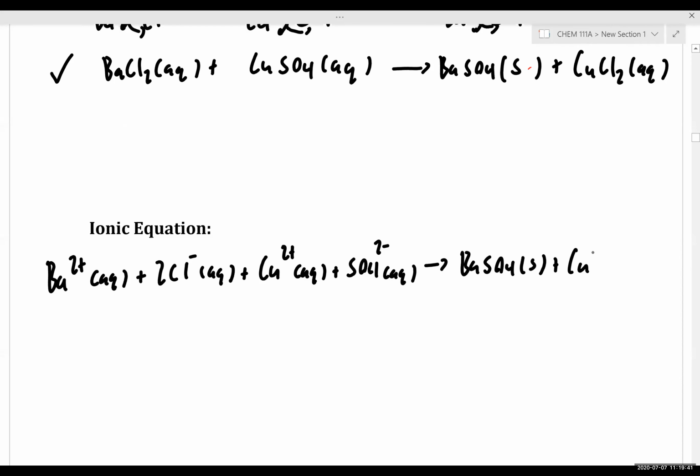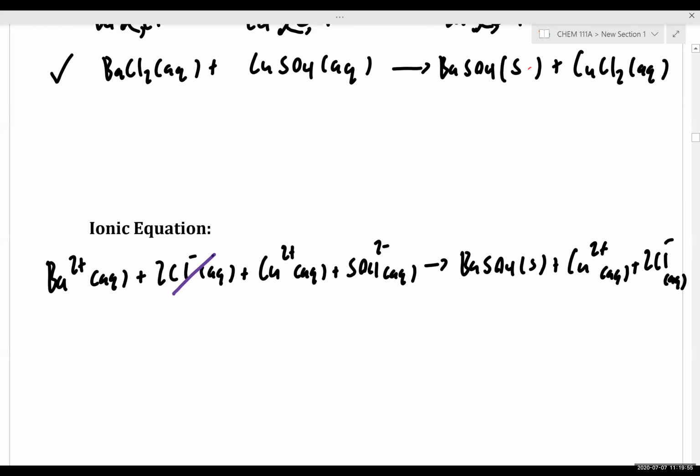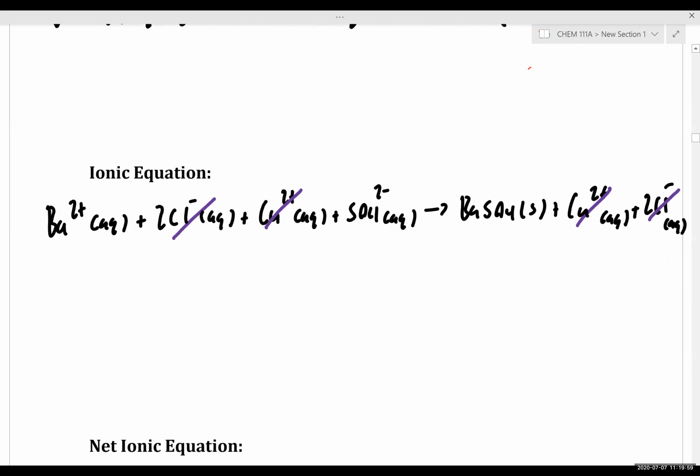And copper chloride is soluble. So we break it down into copper 2+ and 2Cl- aqueous. Then to write out our net ionic equation, we cancel our spectators of copper and chloride.